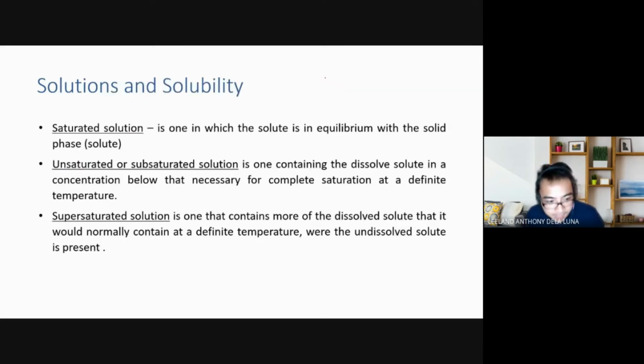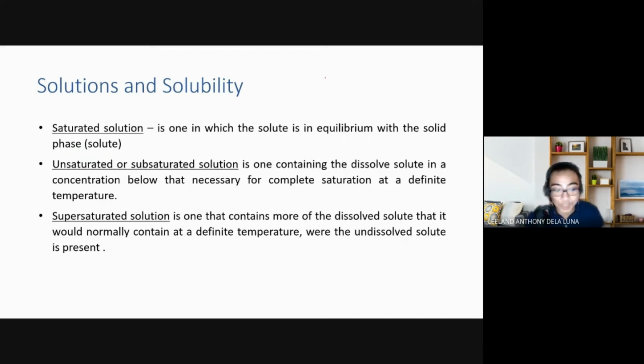Now, some other terms that we have to be familiar with: saturated, unsaturated, and supersaturated solutions. Now, class, ano ba ibig sabihin pag sinabi natin saturated ang isang solution? Ibig sabihin nito, yung maximum capacity ng solvent mo, given a defined volume or amount of solvent, may limit yung solvent na yon in terms of how much solute it can dissolve.